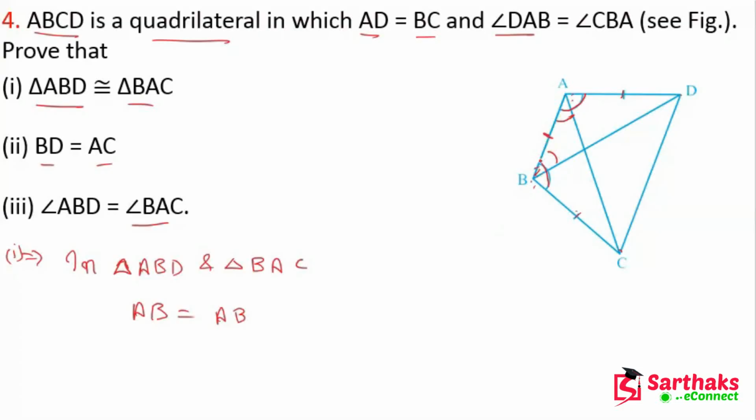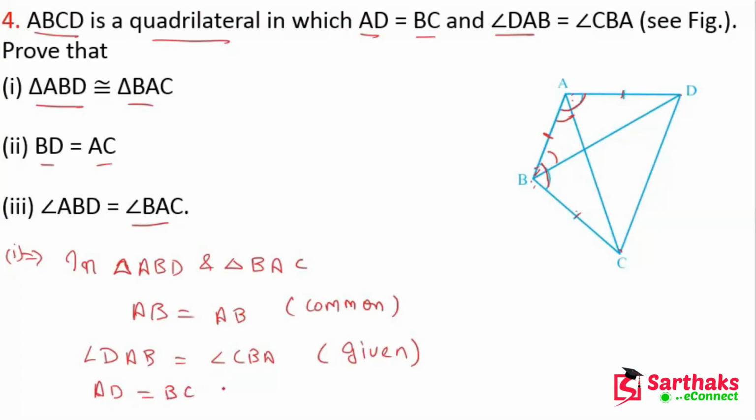Next, angle DAB is equal to angle CBA. This is the given part. And the third condition is AD is equal to BC.